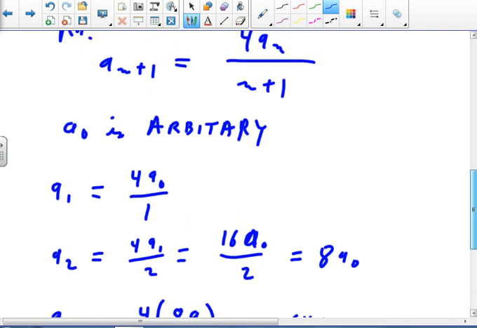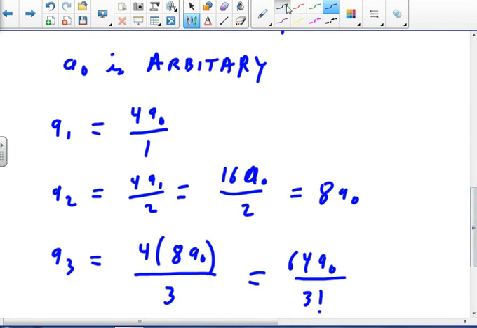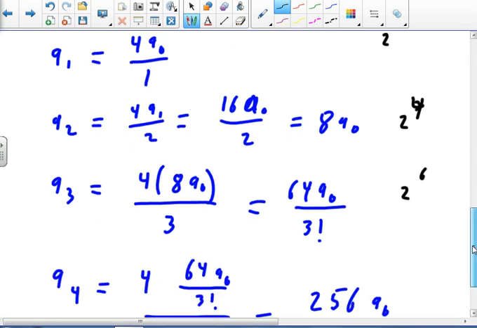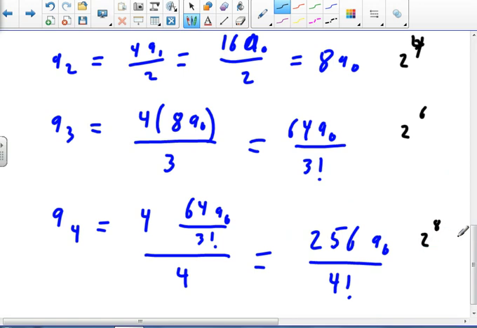Do we have a pattern? Sometimes we don't necessarily have to look for a pattern. Well, this would be 2 to the 4th over 2, and this would be 2 to the 6th, right? And this is 2 to the 8th.